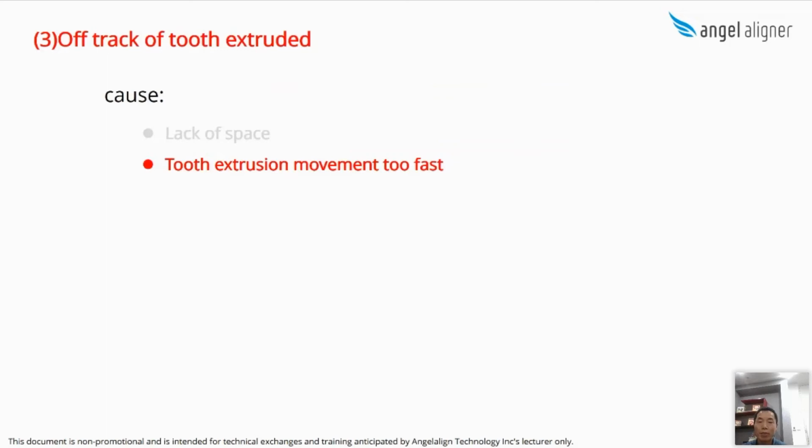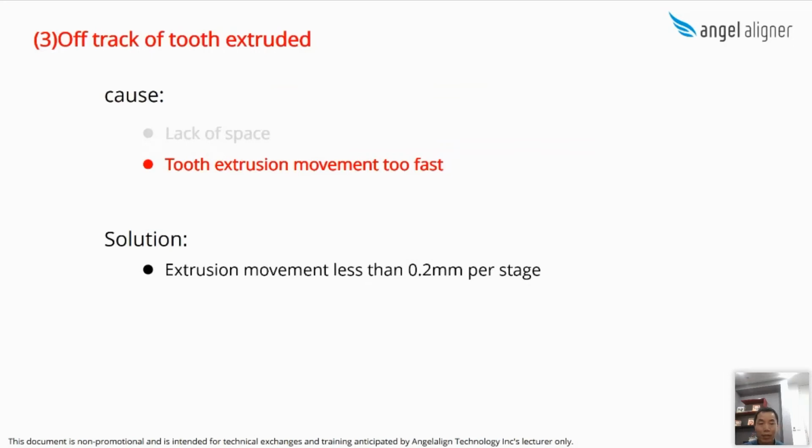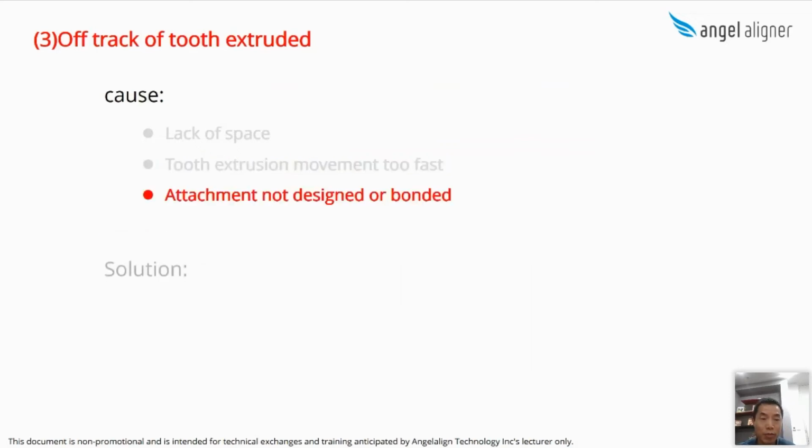So if the tooth moves too fast, more than 1.2 millimeters, you can ask the technician to slow down the movement of the teeth. So the solution for this case should be extrusion movement of less than 0.2 millimeter per stage.